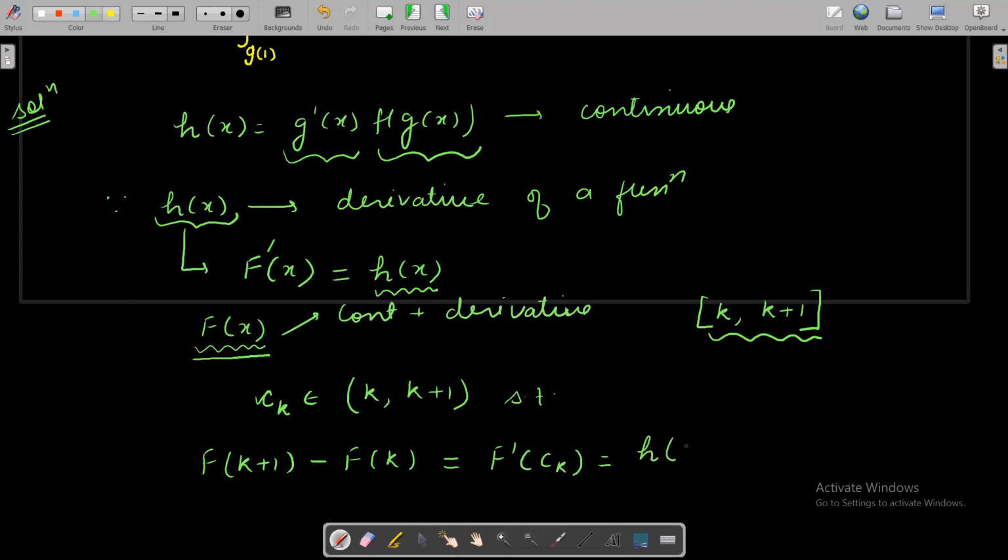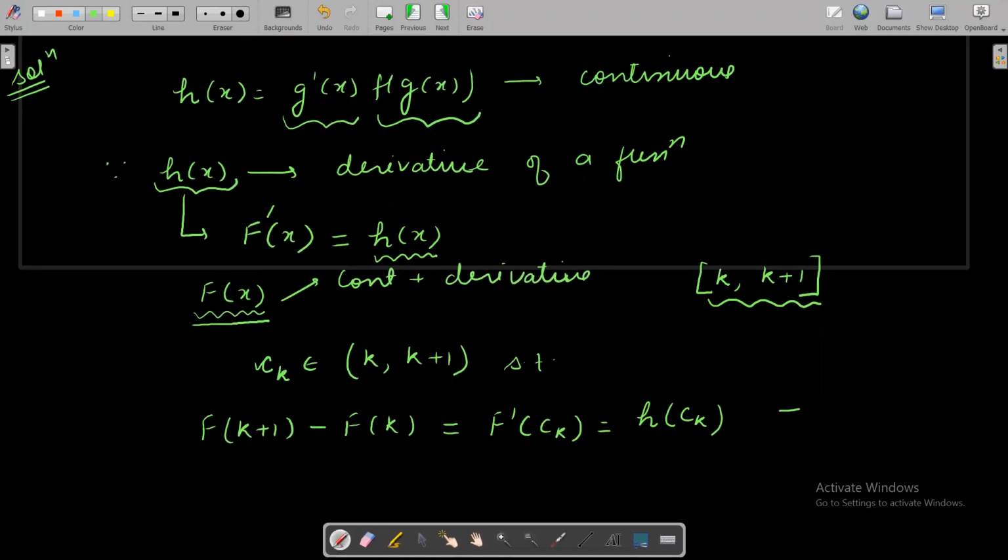F dash of c_k means h of c_k. Now see, what we have derived here is a relation for h of c_k in terms of an entirely new function capital F of x. I have written that for some c_k belonging to k to k plus 1, we will have h of c_k equals F of k plus 1 minus F of k.